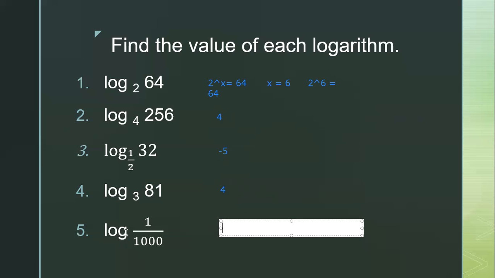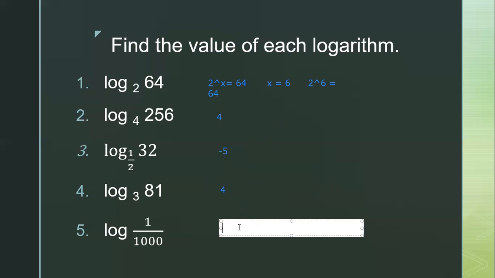Okay? Now, how about this one? What's the difference if we have this one? If you cannot see a base, automatically the base is equal to 10. And what's the value of the logarithm of 1 over 1,000?